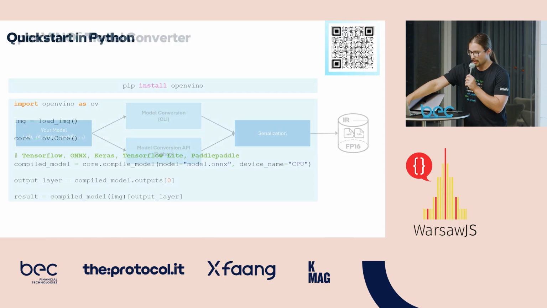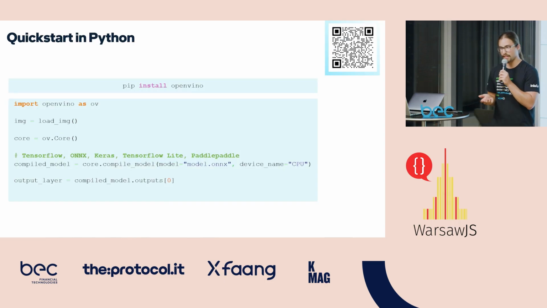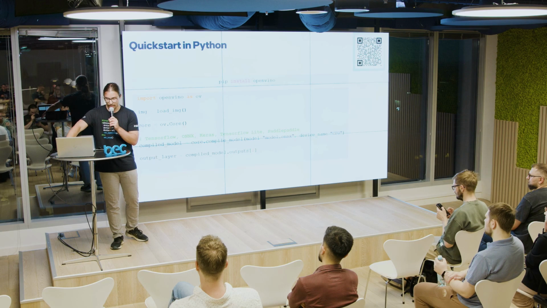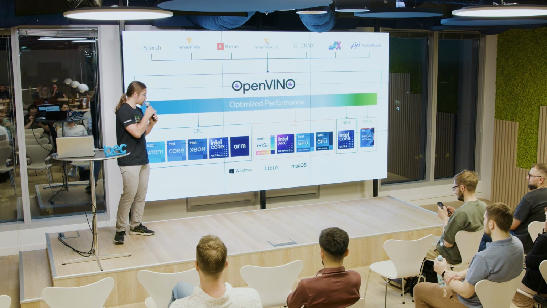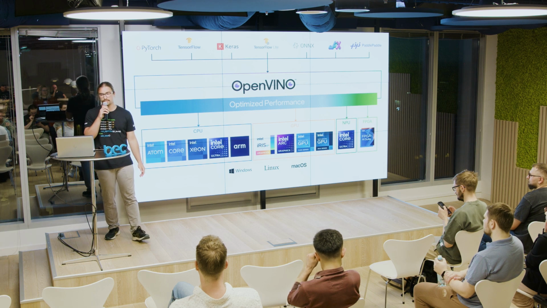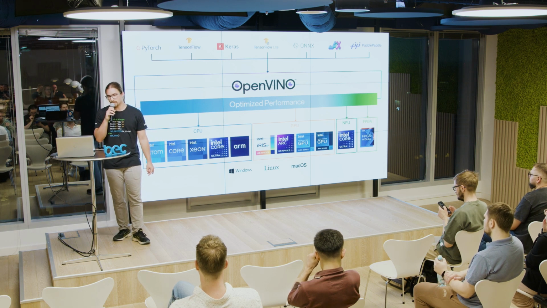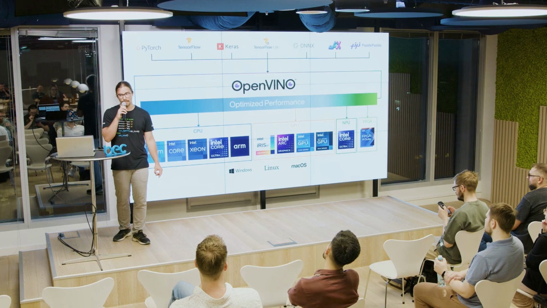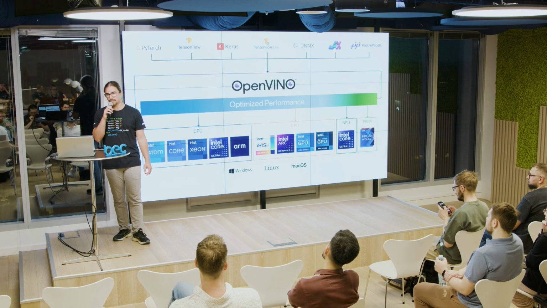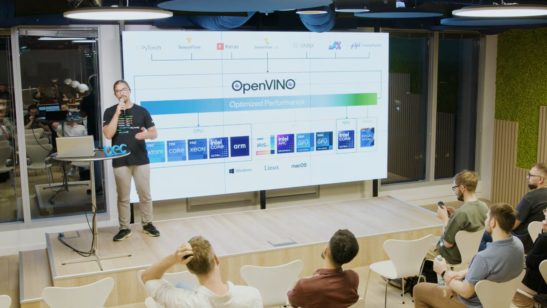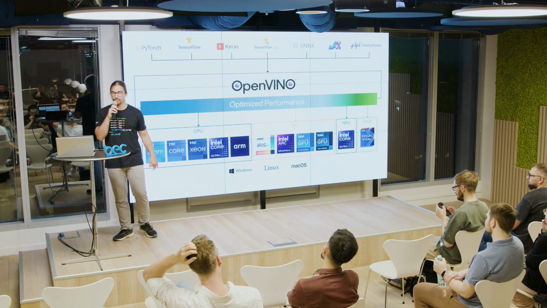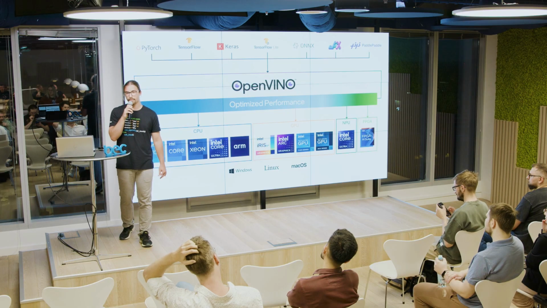For example, when I was developing it, I was using a computer with an NVIDIA card, and it was working as well. I was also testing this application on AMD CPU and AMD GPU, and it works as well. So the project is not limited only to Intel hardware. Okay, thank you.